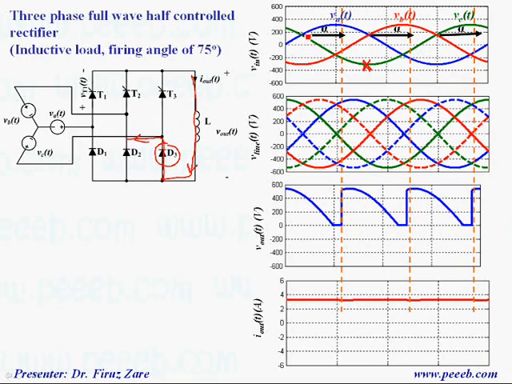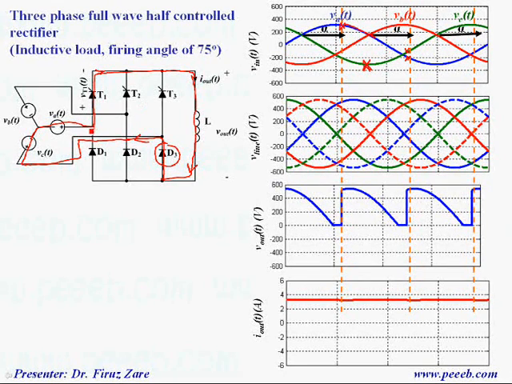In this case, because we turn on T1, from the top group this thyristor is turned on. So this is the current loop through the supply. Now, because the line voltage is getting negative, phase C is not lower than other phases, and in this case phase A is lower than other phases.